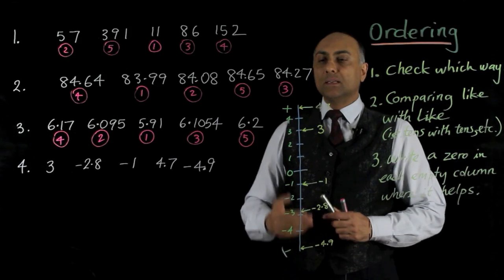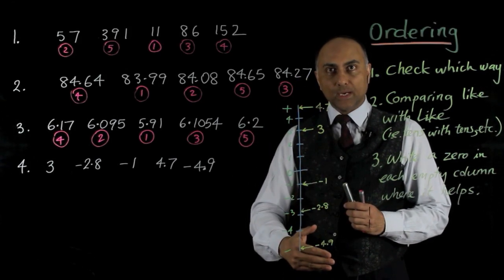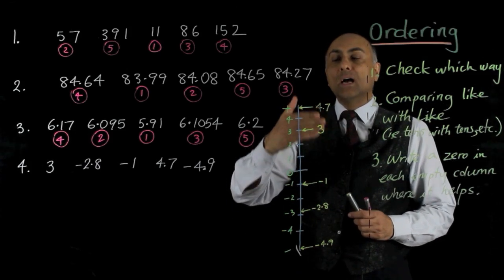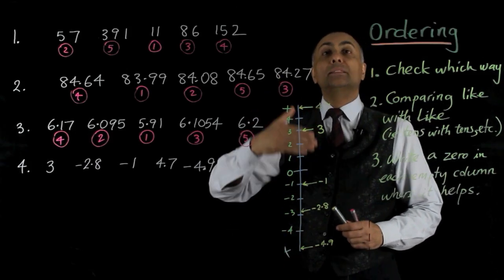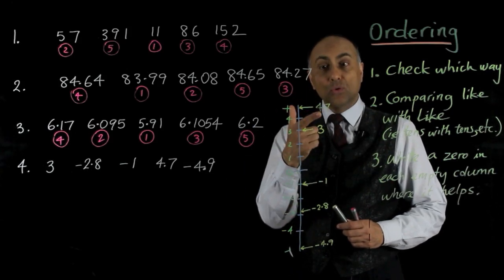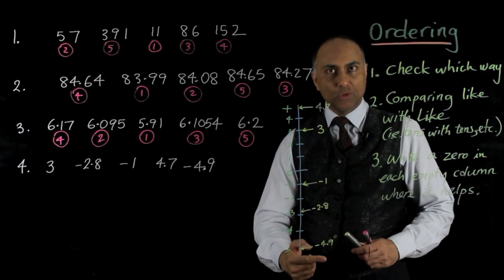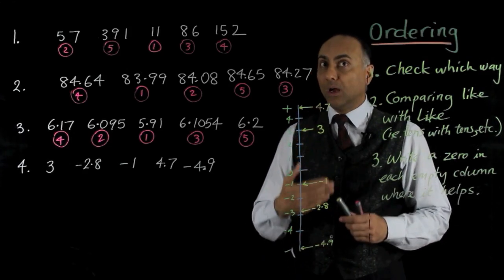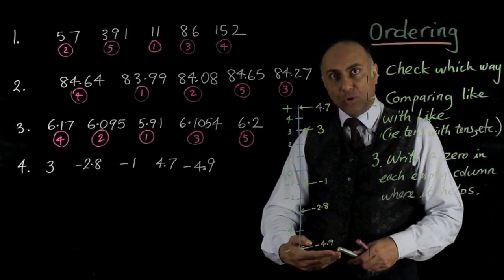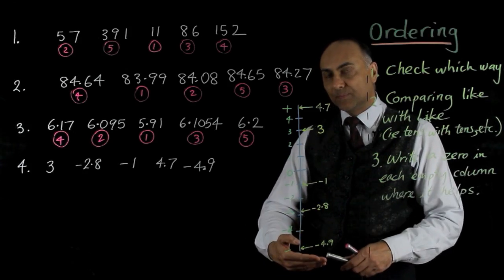Having done that, I have just put the numbers in size order. So the one that's highest on the number line is the largest or the biggest or the greatest number, so 4.7, then 3, then -1, -2.8, -4.9. Or if you want them from small to large, then start at the bottom, because the lowest number on the number line is also the least.